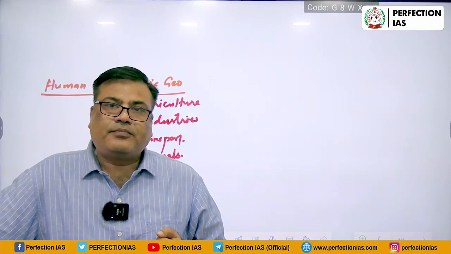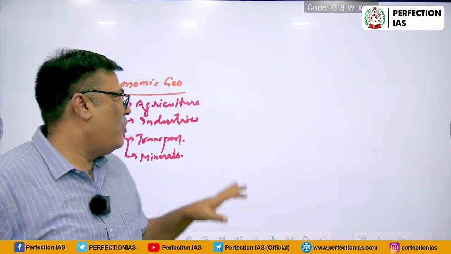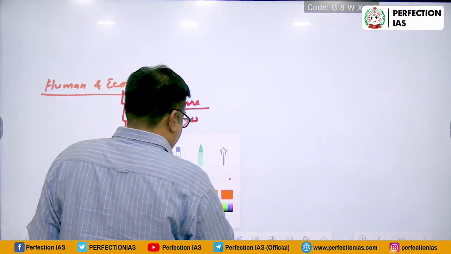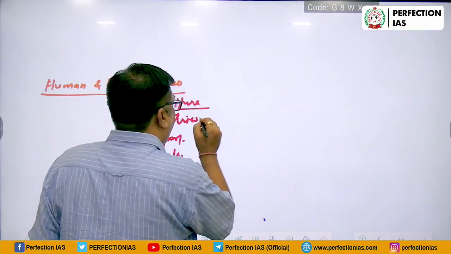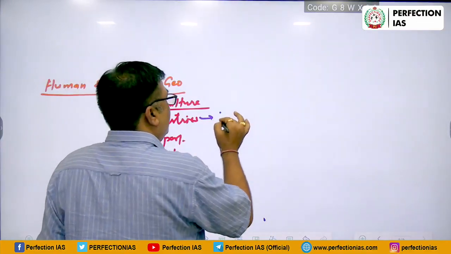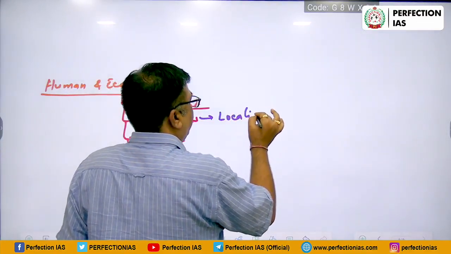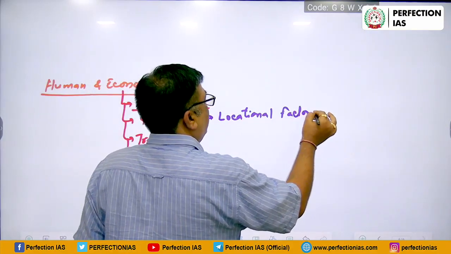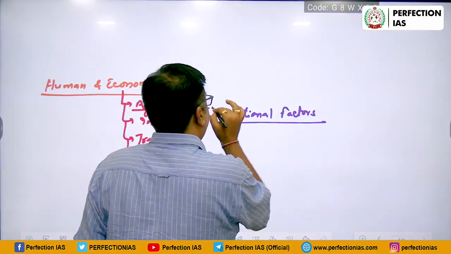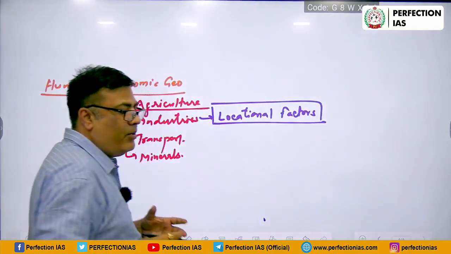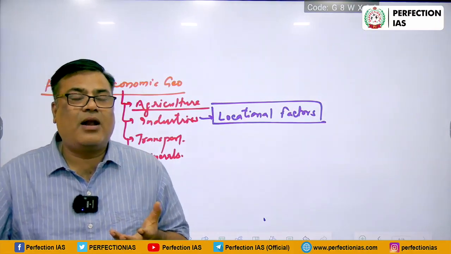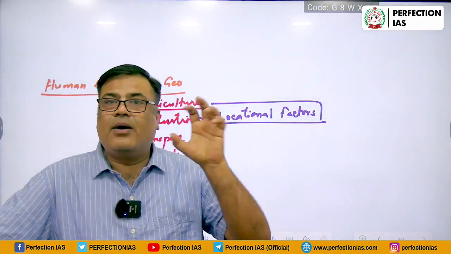All right, when we talk about industry, so remember this industry is also mainly focusing upon one thing, and that is locational factor. That is locational factor means in a given area how industries are located or why industries are located in particular area only.